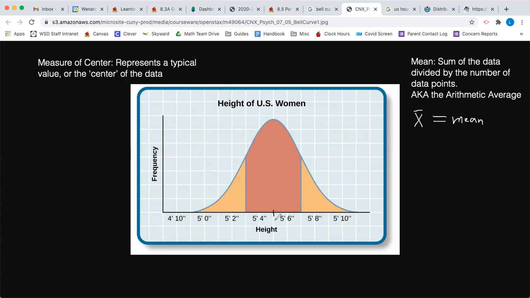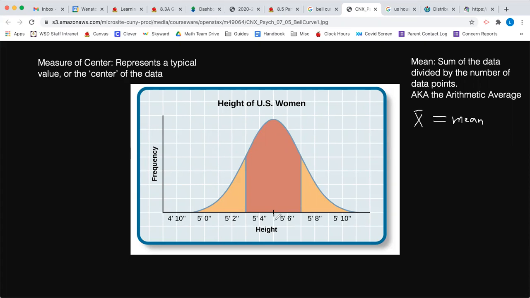Normally when we use the mean to represent the center of a data set, it's when we have data which looks like this. This is a bell curve. It is distributed evenly on both sides. Both sides of it are symmetric, if you remember that word from when we were talking about parabolas. And it follows a very consistent distribution pattern. It's not skewed in one way or the other. This is typically when we're going to use mean.